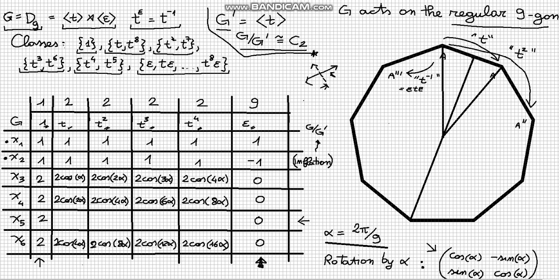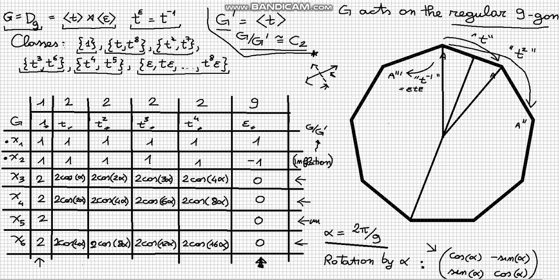So the diagonal elements are 1 and -1, and the sum is 0. So reflections have trace 0, and this explains all these zeros here geometrically.